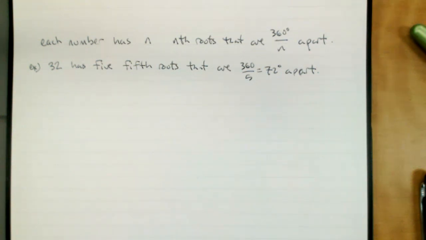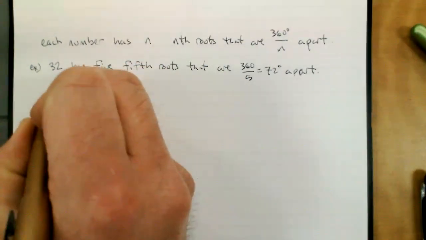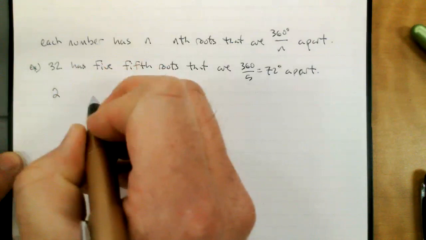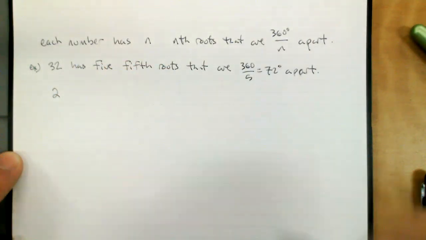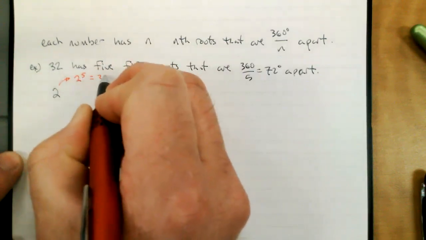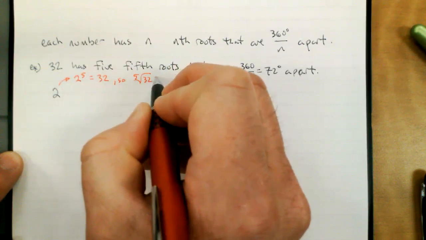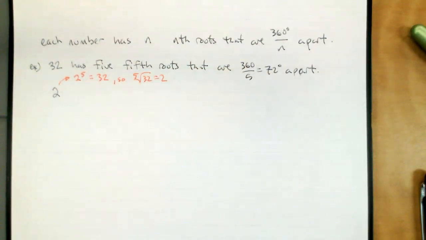One of these fifth roots is real. Since 2 to the fifth is 32, that means 2 is one of the fifth roots of 32.